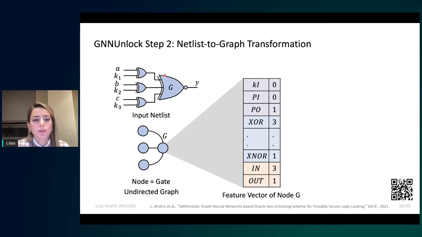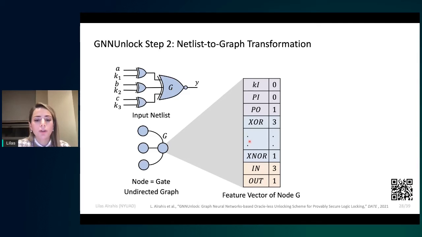And we also capture the Boolean functionalities in the neighborhood of this gate. So we check the inputs and the outputs of this gate. We check what type of Boolean functionality exists, and we also count the number. So in this example, we can see that in the neighborhood of G, we have 3 XOR gates, and we also have a single XNOR gate, which is node G's own functionality.